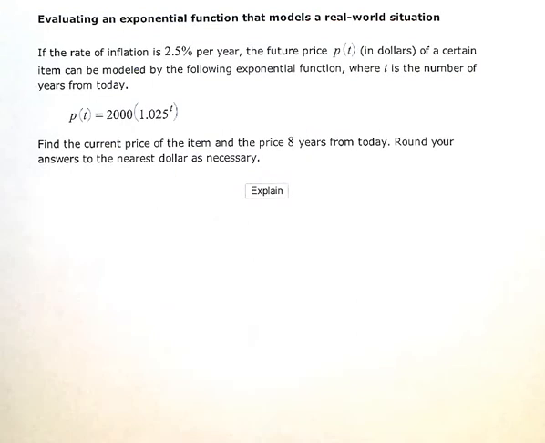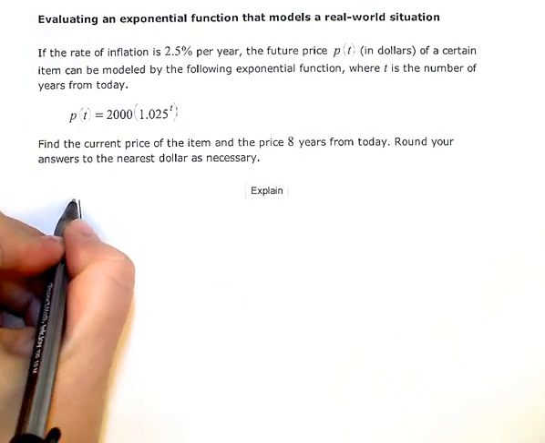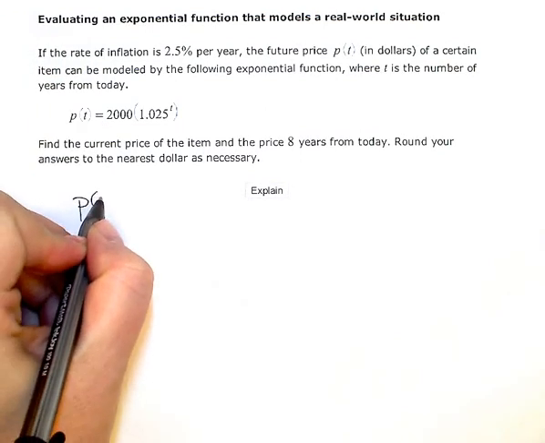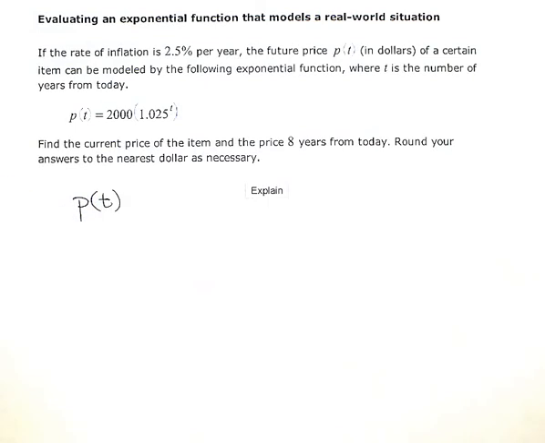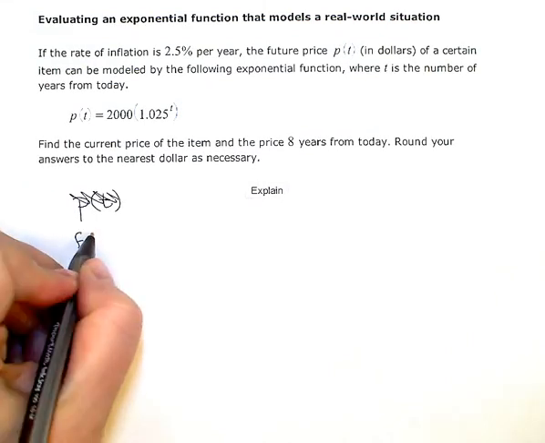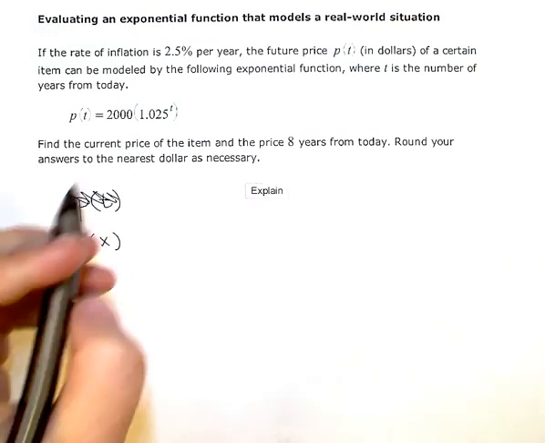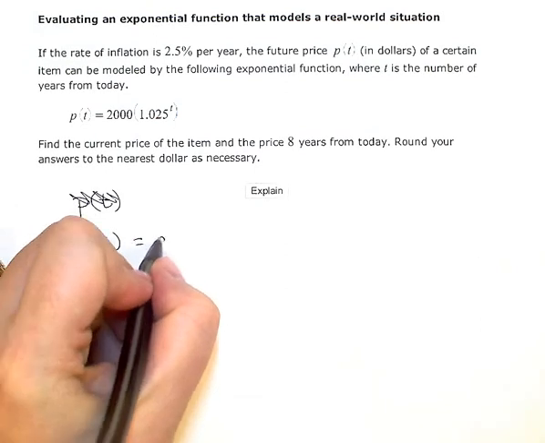Okay, so we have an exponential function here. What we need to remember about exponential functions is that the function P of t, or I would even change this to f of t, just in general terms, f of x, let's say, of any function, is you have one constant.